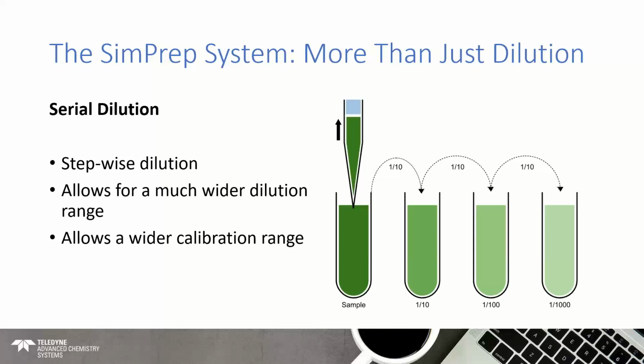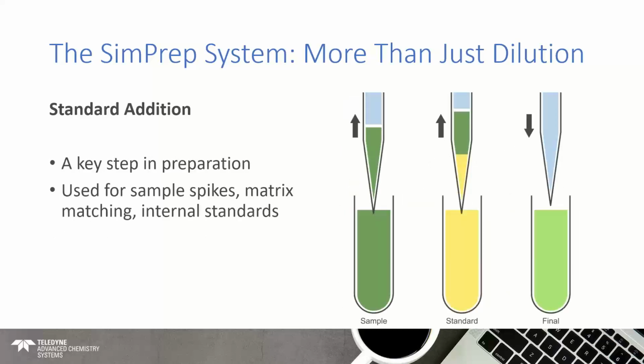So you could do a series of, say, 1 in 10 dilutions to arrive at a 1,000-fold dilution from your original sample concentration. So you might do that because you've got a very concentrated sample. It could also be used in this case to do things like the preparation of your calibration standards. You can do it in serial dilution, so you've got a nice wide calibration range from that.